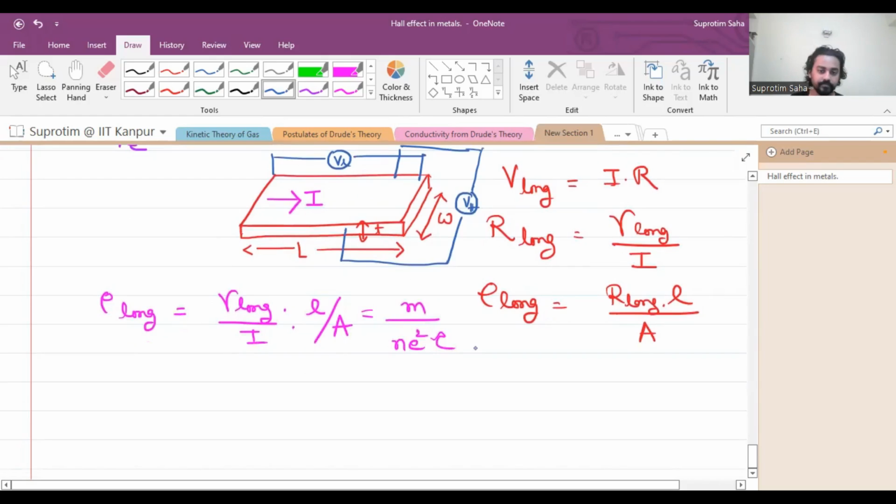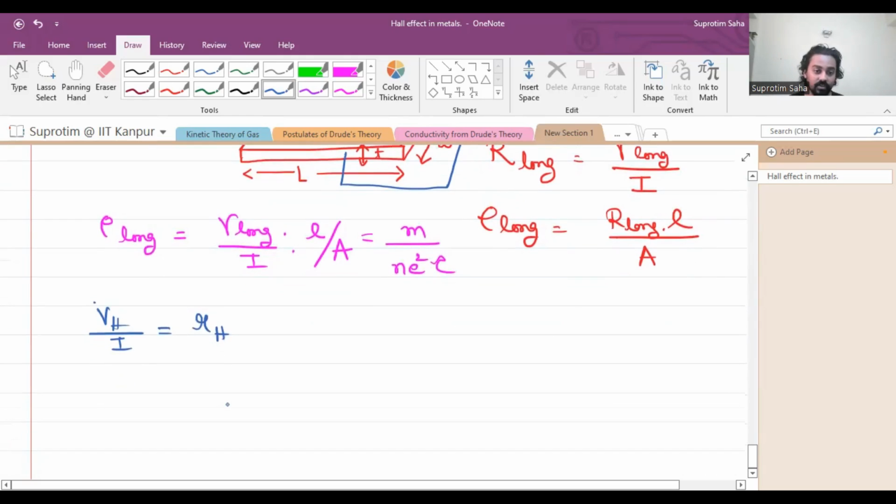Now, VH over I is your RH. We shouldn't write capital RH because it's already defined as the Hall coefficient.